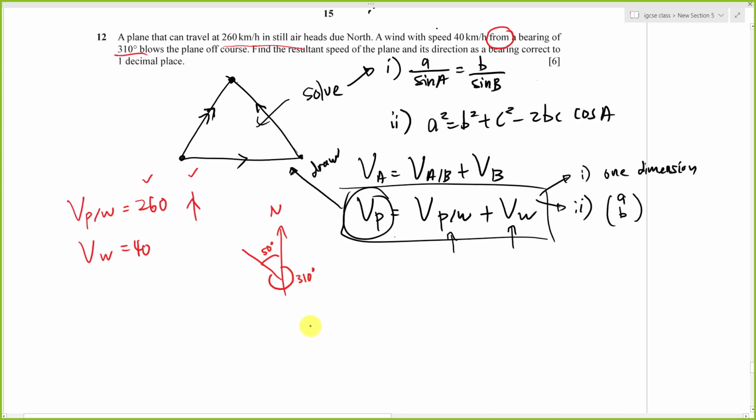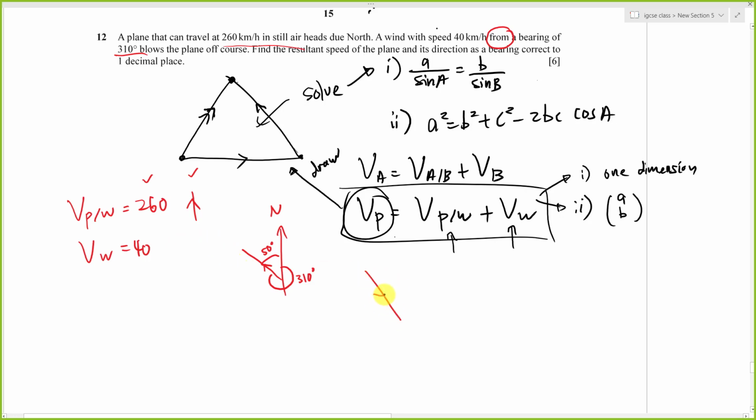Then the question says from 310, so I need to think the arrow is coming from 310 toward here.